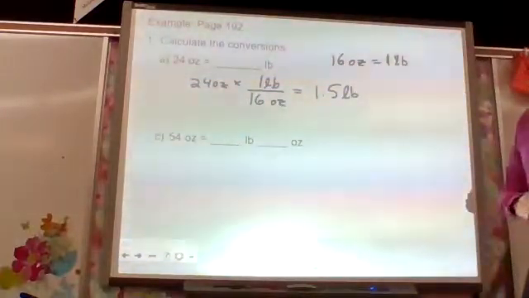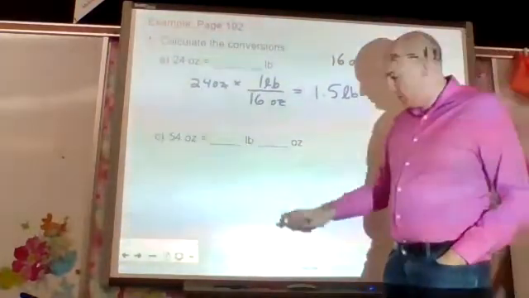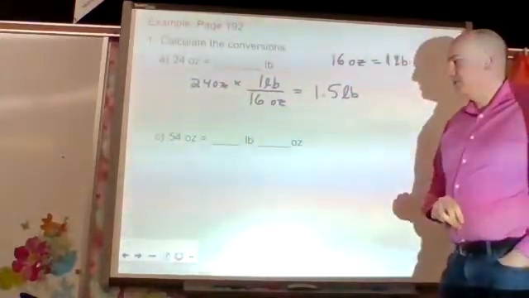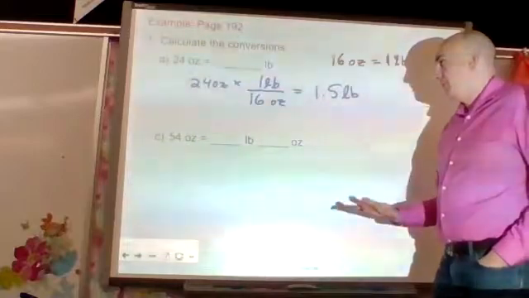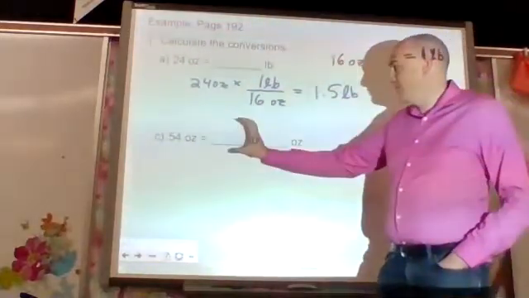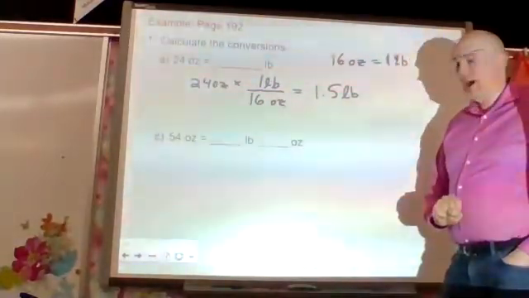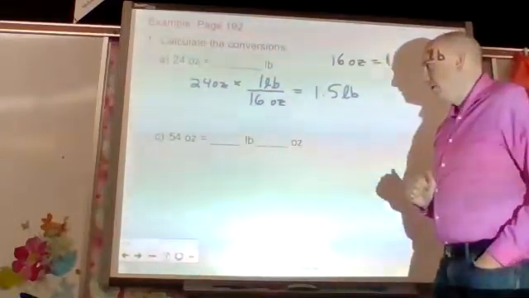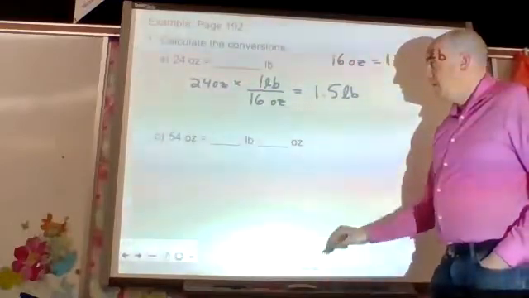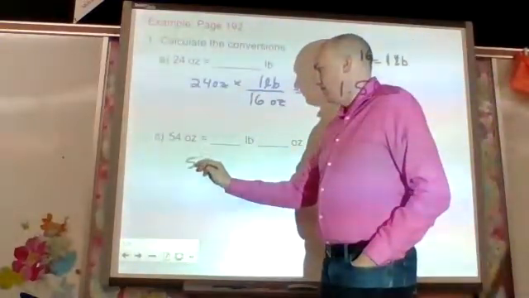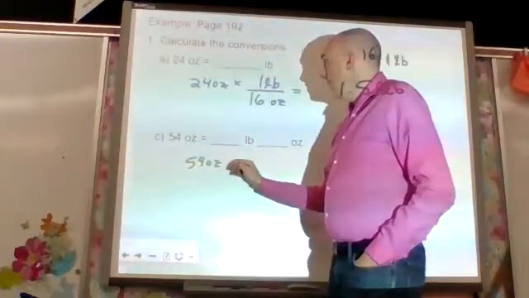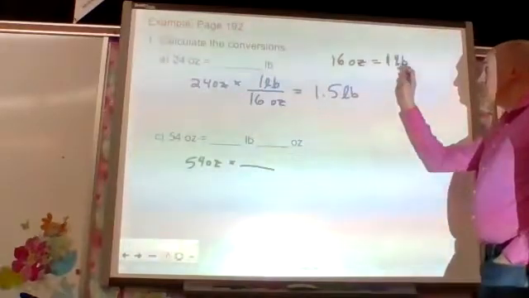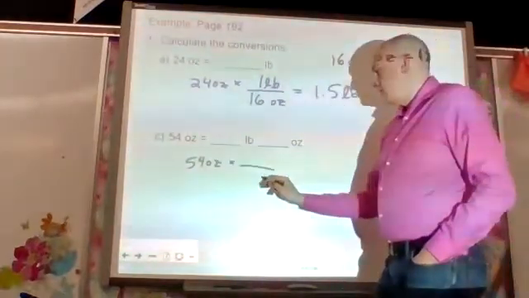Okay. 54 ounces, and notice the way this is written. We've asked for it to be converted into pounds and ounces, not just pounds this time. So we're going to take whatever's left from the exact number of pounds and convert that into the remaining number of ounces. We're going to do the same thing. We're going to take our 54 ounces, multiply it by that conversion factor, and again, we choose to put ounces on the bottom so that those units cancel out.